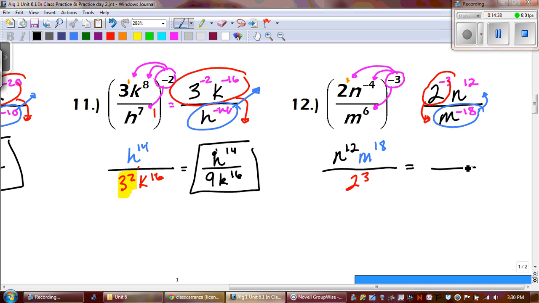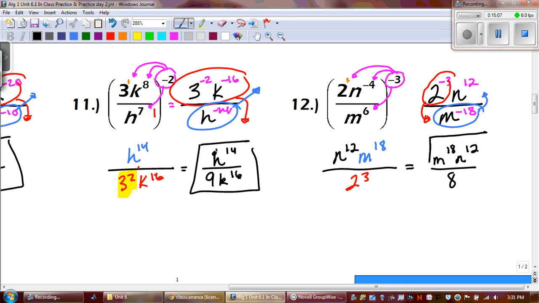Okay? First off, the top. The top needs to be in alphabetical order. Okay, so alphabetical order, if you need to sing your ABCs, go ahead. But m comes first, and then the n. All right, and the last thing is the bottom, 2 cubed. We know what 2 cubed is. 2 cubed is 2 times 2 times 2, which gives us 8.